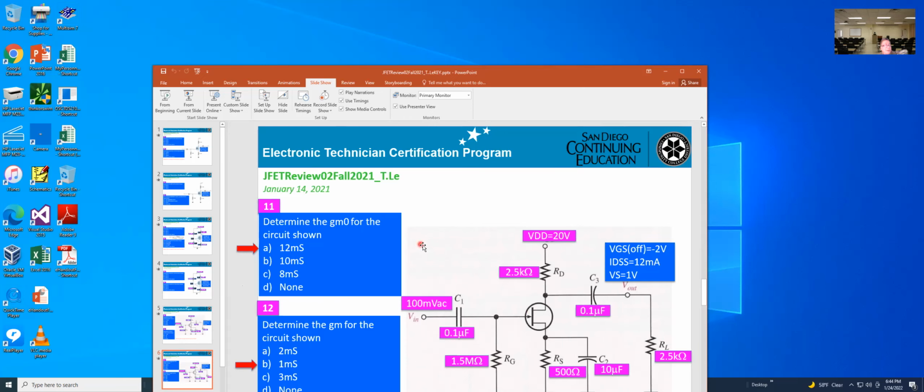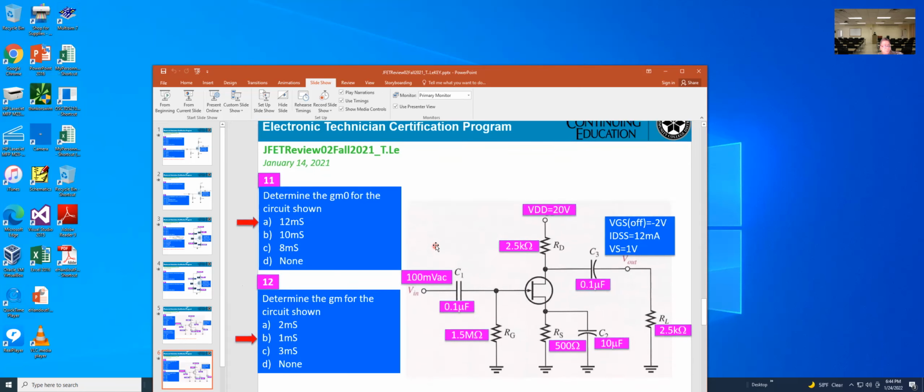You can do calculation. You get 12 millisiemens. That means 11 will be A. 12. Then now they want to calculate the GM. Using the formula for GM, you can get answer will be 1 millisiemens. That means 12 number B.